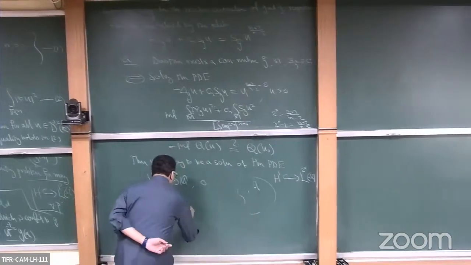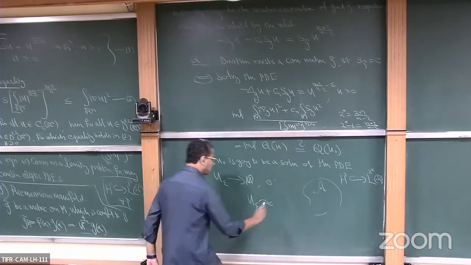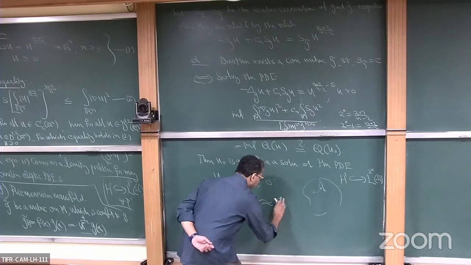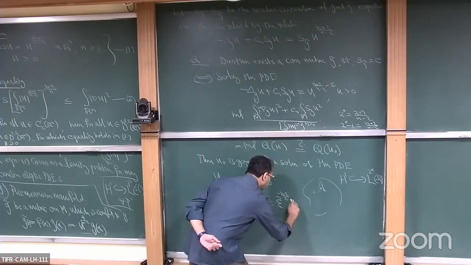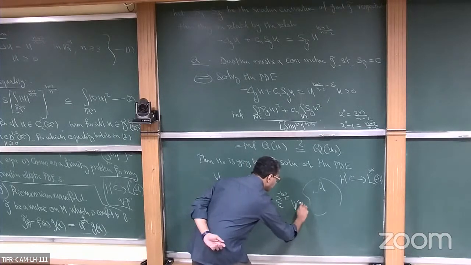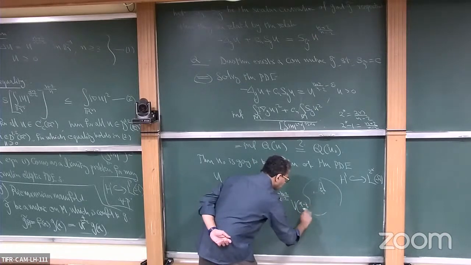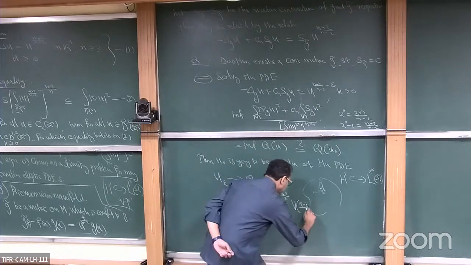Basically, I can show that this u epsilon looks approximately like some epsilon tilde to the power minus (n minus 2) by 2 into some v of x minus x naught over epsilon tilde. I'm assuming that I'm in the Euclidean space, it has to be justified.